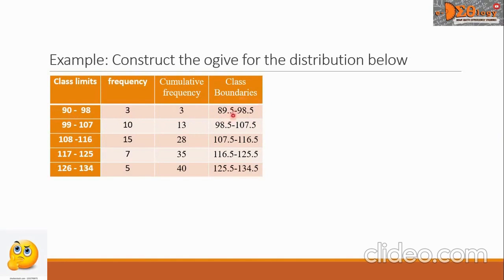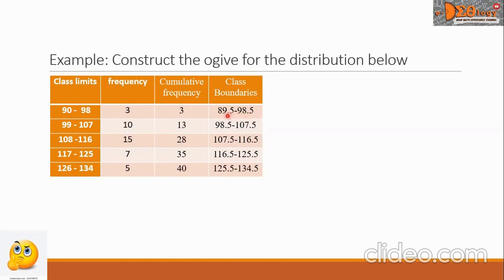The upper class boundary is 98.5. We can get this value with respect to the upper class limit, which is 98. Obviously, we added 0.5, so we get this 98.5.